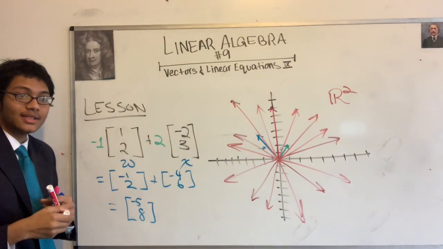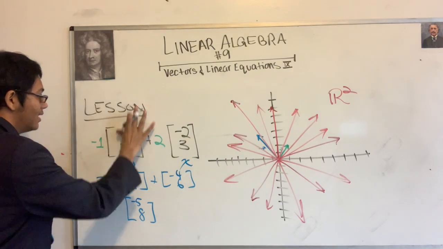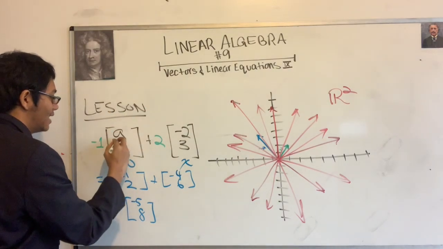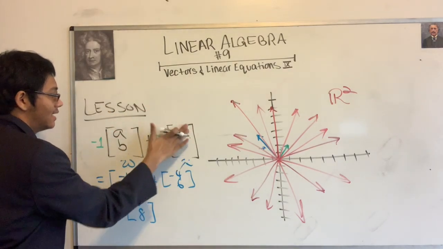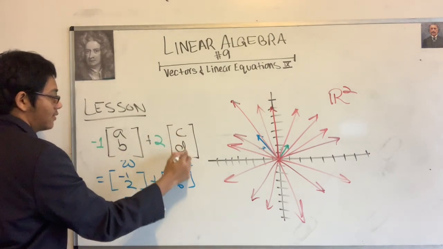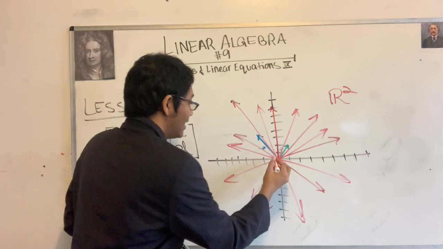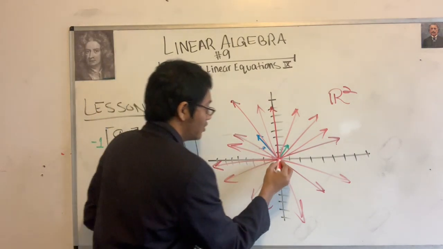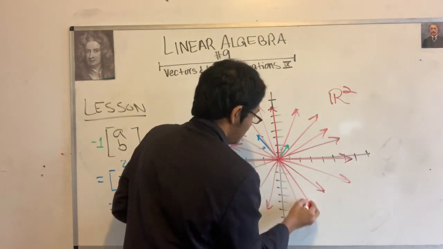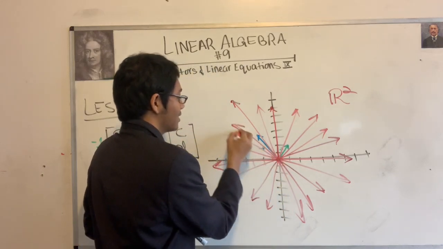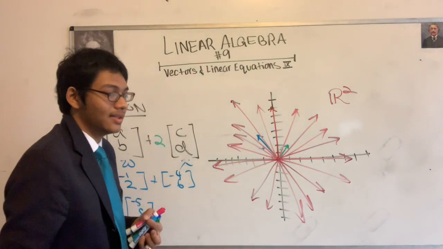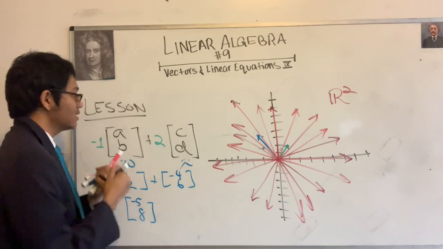We can generalize it, just like our student said, for any vectors A, B and C, D. So any 2 vectors in 2D, their linear combinations are the entire plane. So how can we say this in a sentence?